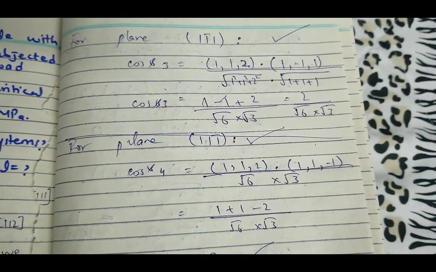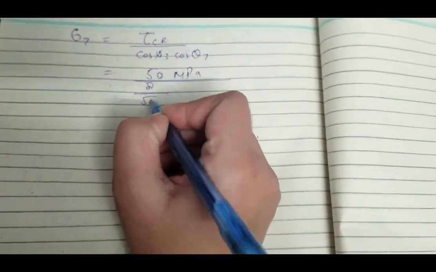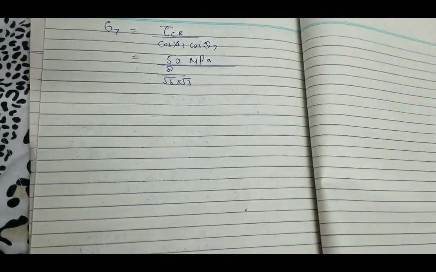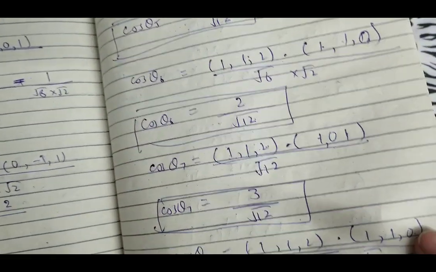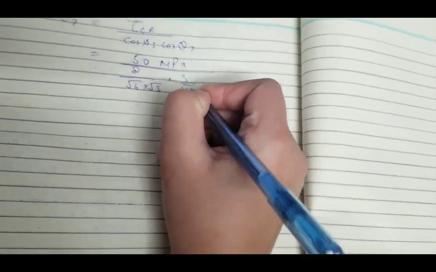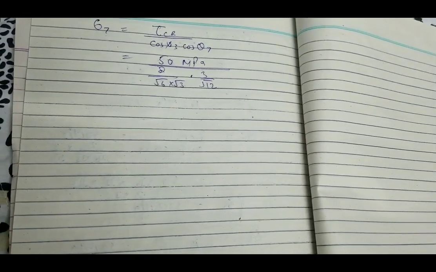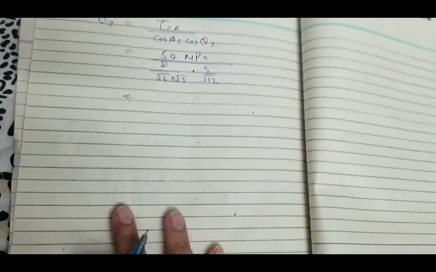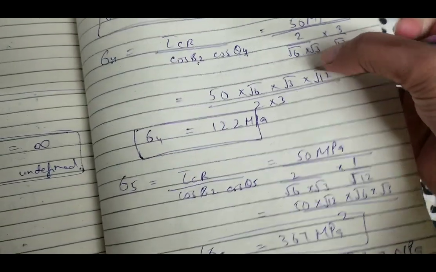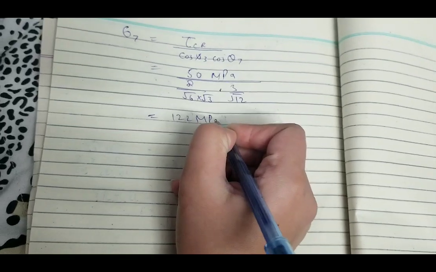Here is cos phi 3, 2 by under root 6 under root 3. Here is cos theta 7, 3 by under root 12. So this is something that we have got before, the one which resulted in 122 megapascal.